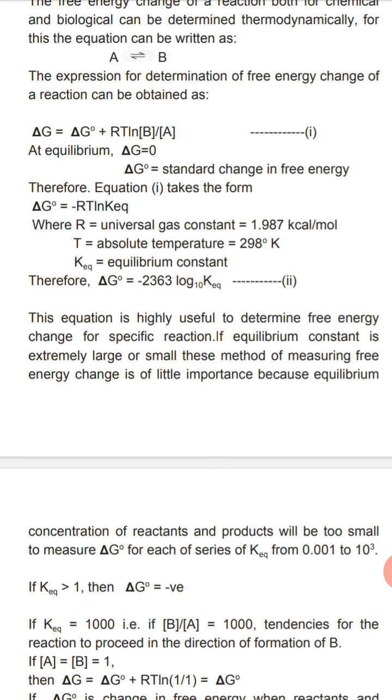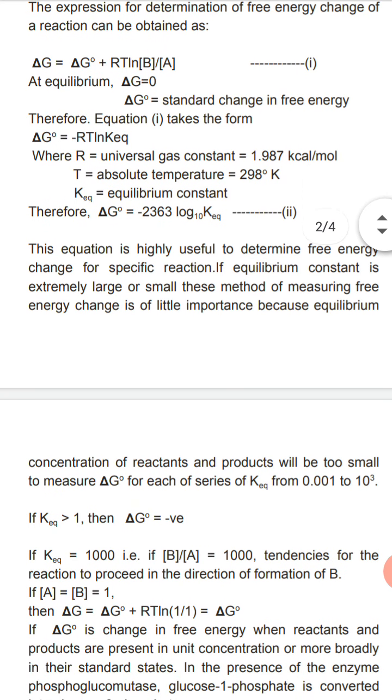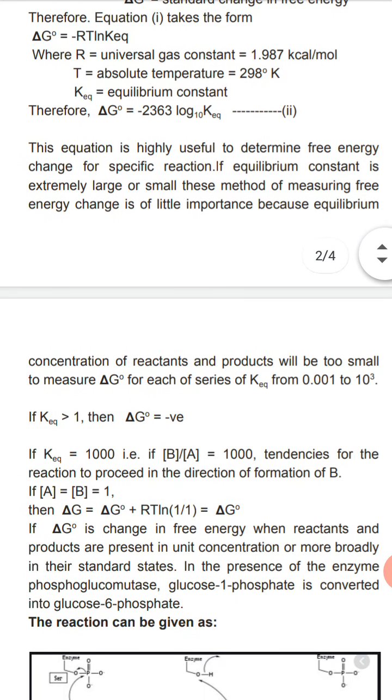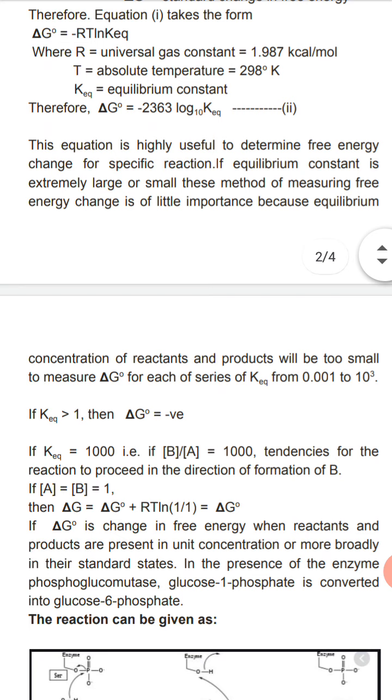It means the concentration should not be very small or very large, because in this case equilibrium constant will be extremely large or small, and equilibrium concentration of reactant and product will be too small to measure.